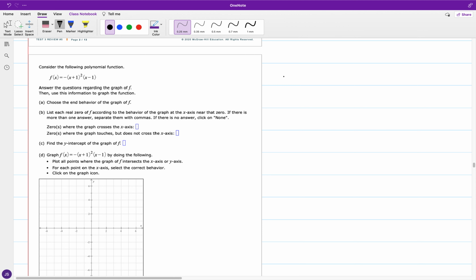and we've got the negative of the square of x plus 1, times the quantity of x minus 1, and I'm going to rewrite this.